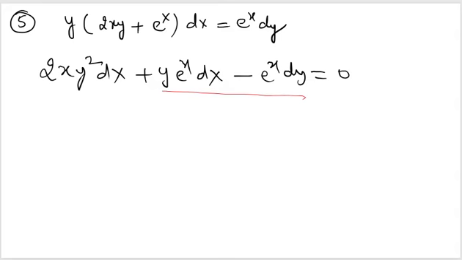Because it is a mixture of e to the power x and y, what we can see, coming to the third term which is in the front, dx can only be integrable with respect to x. So this y square needs to be removed, then this part can be integrable. And on this side I need something. What I need? I need y square. So yes, the integrating factor is spotted. What is the integrating factor? 1 upon y square.